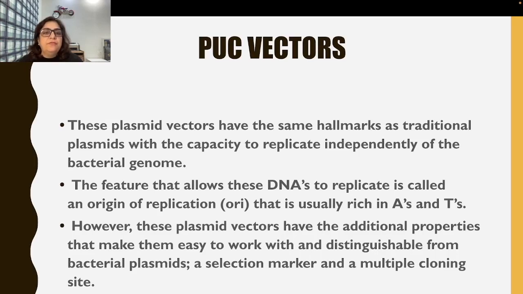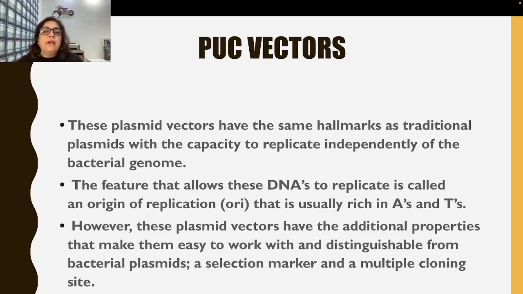This is the plasmid from University of California. It is quite different from pBR322 in the sense that it has a polylinker site. Polylinker means we can use a large number of different restriction enzymes.